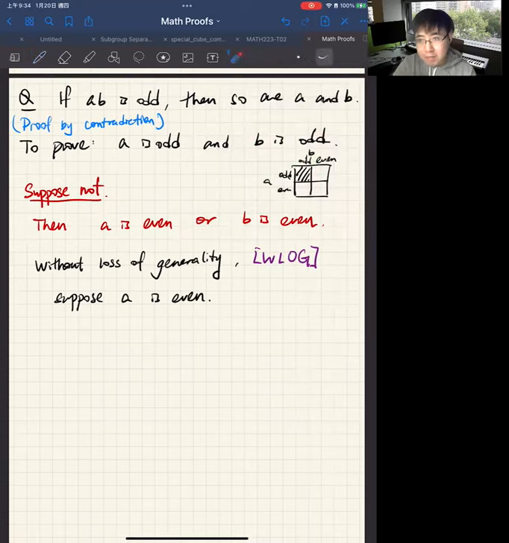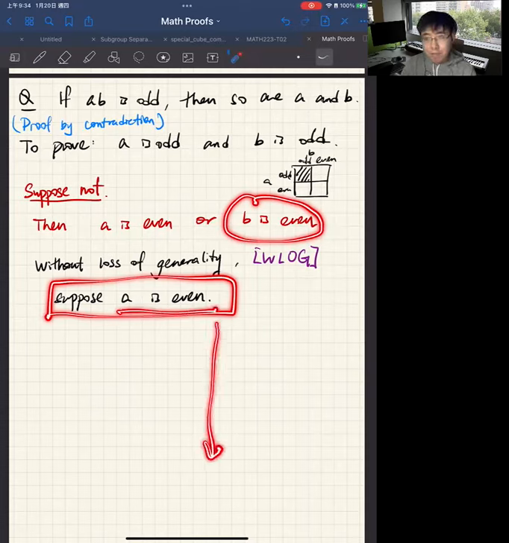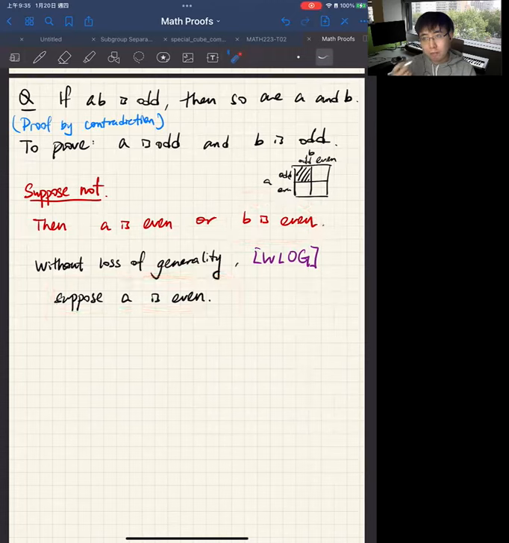But what it actually means is that if you have this case, then the other cases are similar. It's so similar that we don't bother to write it. So if you prove a contradiction when A is even, and then B is even, you are just doing it by symmetry. You replace A by B, and you replace B by A.